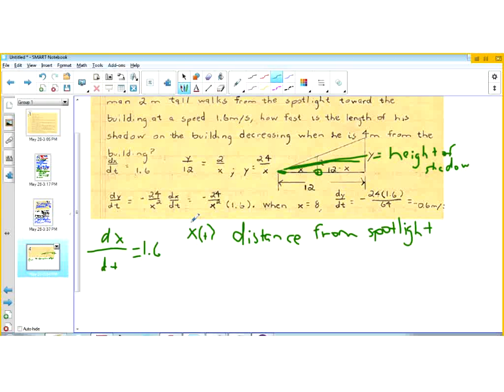X is changing with respect to time t. It's a dynamic variable. The reason I write X of t is because we may have to use the chain rule here. So we need to express Y of t in terms of X of t, because Y of t changes as X of t changes. If X of t doesn't change, then Y of t does not change.